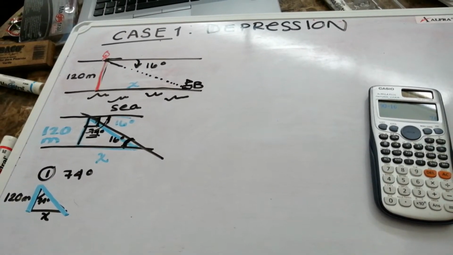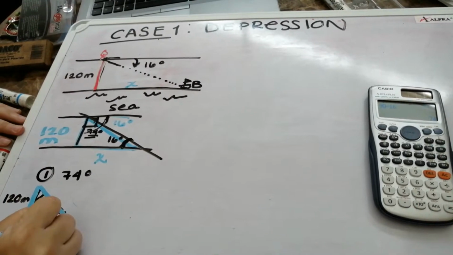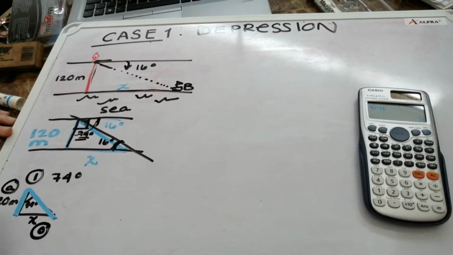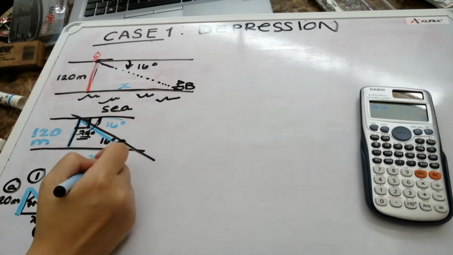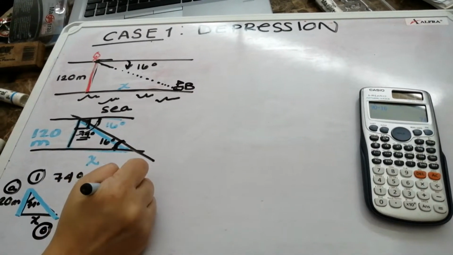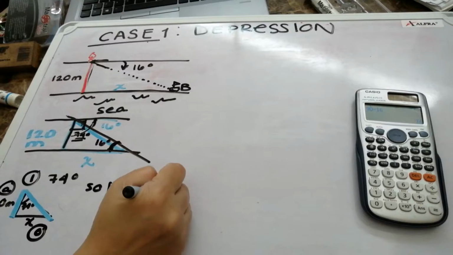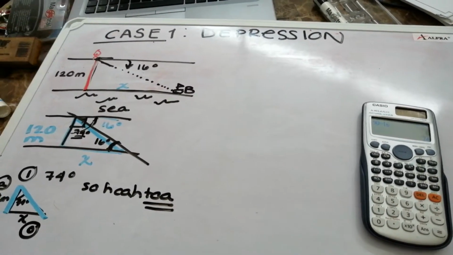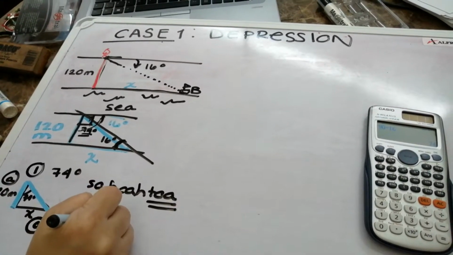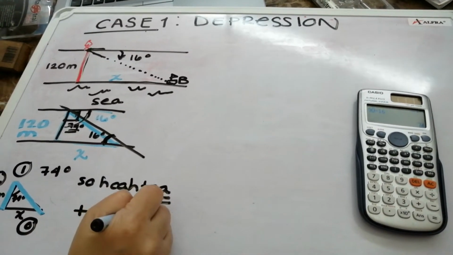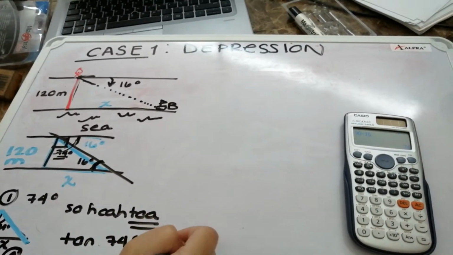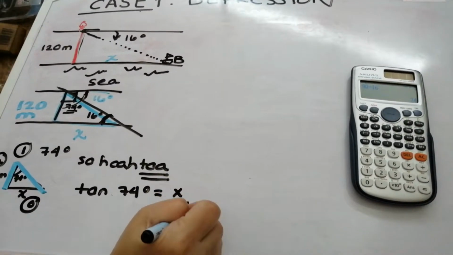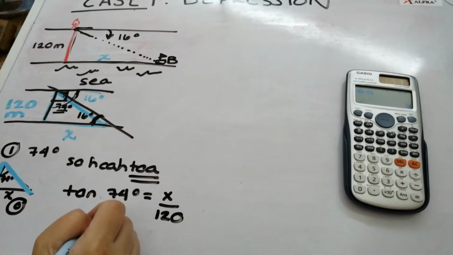So this would be the opposite side, and this would be the adjacent. According to this, in SOHCAHTOA, I'm going to use this function because I have O and A. So the tangent of 74 degrees will be the opposite, which is x, over 120, which is the adjacent.